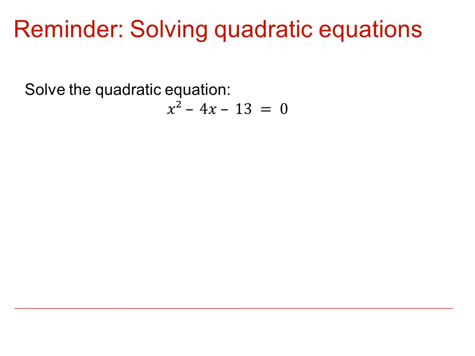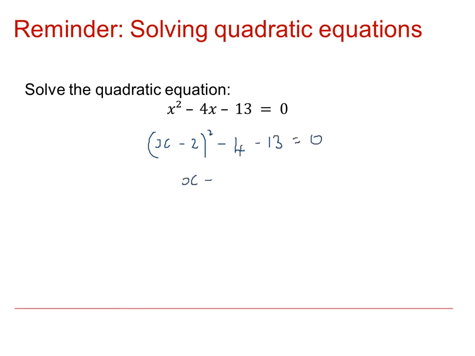In this case we could again use the quadratic formula. However, I'm going to do this by completing the square. So if we do that, we get x minus 2 all squared, and then remember that you're going to subtract from that the value of 2 squared, so we have then minus 4 minus 13 is equal to 0.